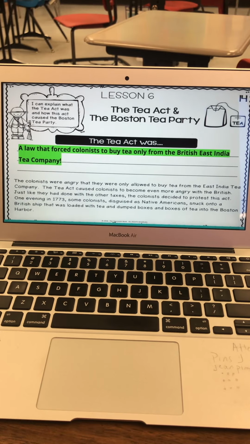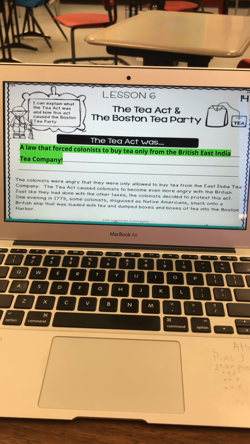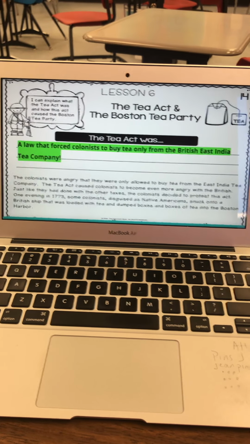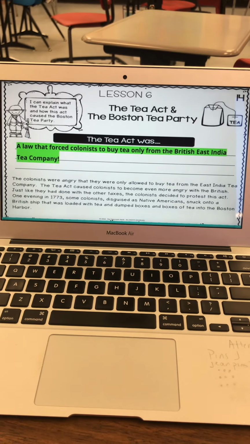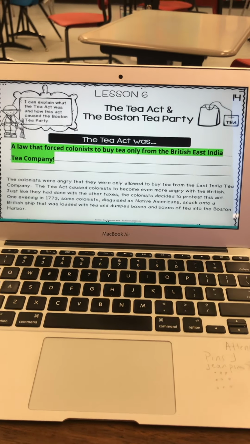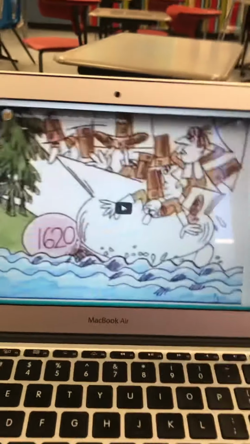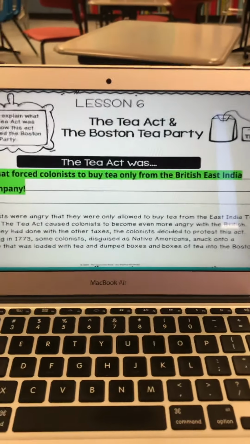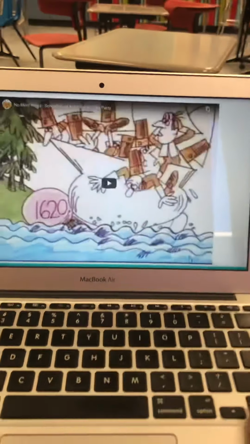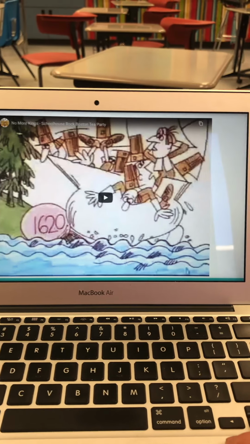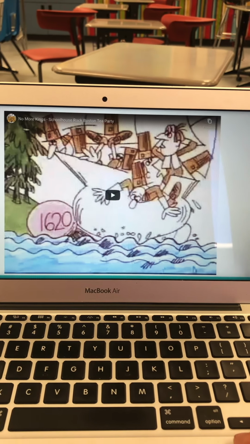One evening in 1773, some colonists, disguised as Native Americans, snuck onto a British ship that was loaded with tea and dumped boxes and boxes of tea into the Boston harbor. You would have to watch this video, and this is called the Boston Tea Party, about colonists dressing up as Native Americans and dumping tea in the Boston harbor.